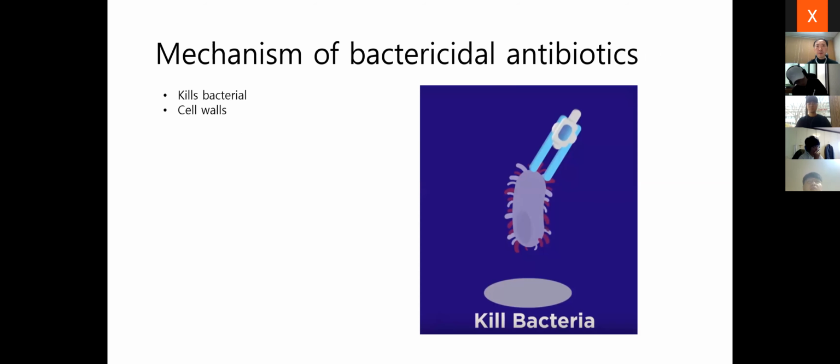They usually do this by inhibiting cell wall synthesis. If the cell walls are broken down, the contents inside the cell swell out, it can't keep its shape, so it dies. Comparing only mechanisms, bactericidal antibiotics may seem more powerful and effective than bacteriostatic antibiotics.